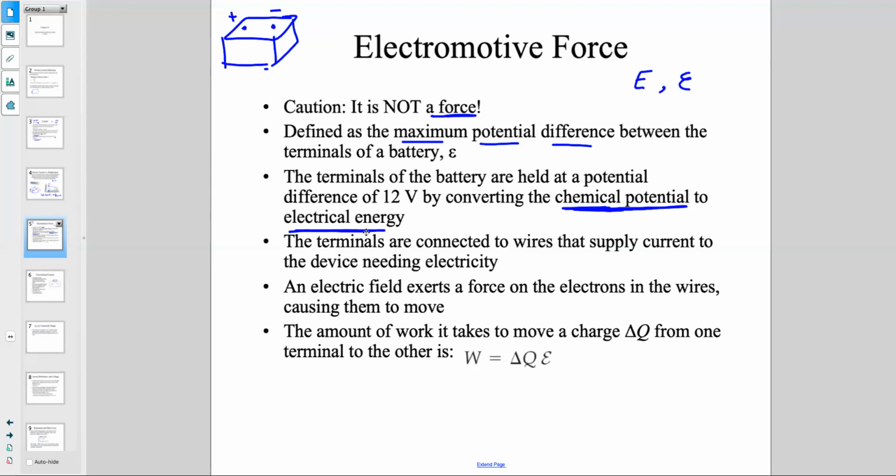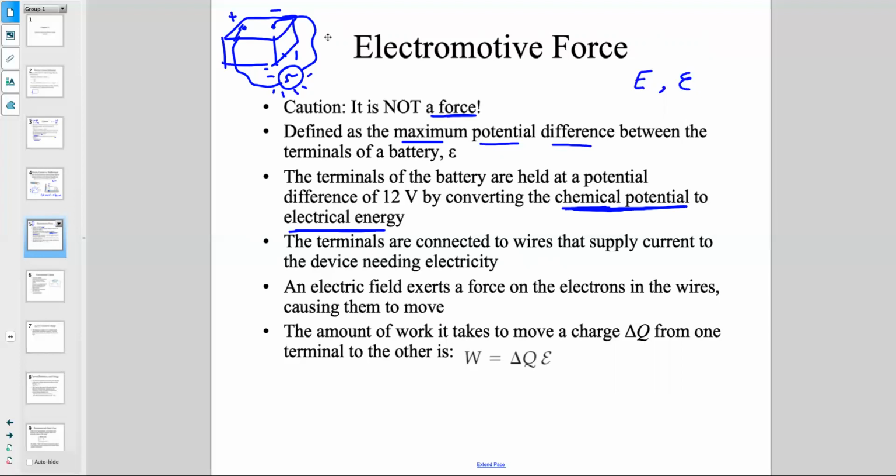The terminals are connected to wire that supply current to the device needing electricity. So then you can have this battery connected to your device, let's say a lamp, and you can use this device because it's connected to the battery and charges are going through this device for us. An electric field exerts a force on electrons in the wire, causing them to move.